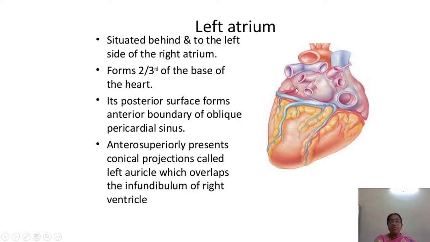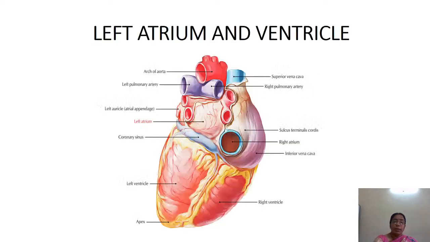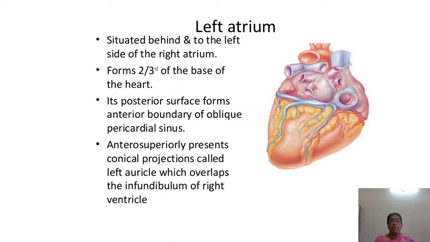The left atrium forms 2/3 of the base, because this is the apex, and this forms the base. 2/3 of the base is exclusively formed by the left atrium. Only 1/3 of the base is formed by the right atrium.